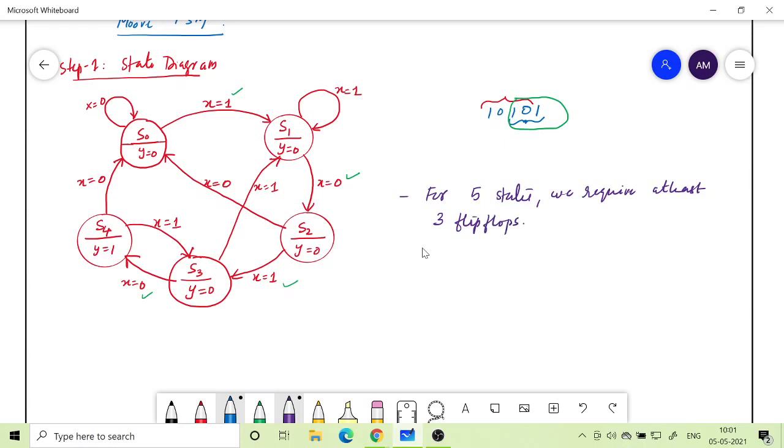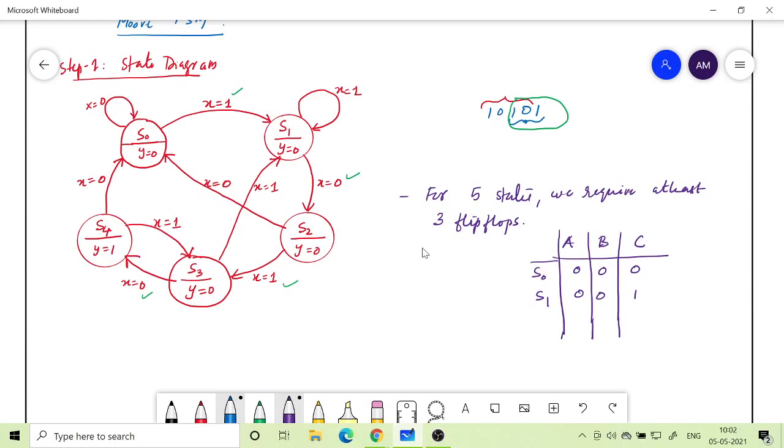So let's call them A, B and C. Okay. So first of all, S0, I'll call it S0 as 000, S1 as 001. I can choose whatever way I want.